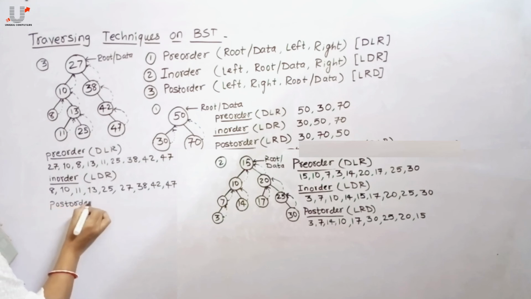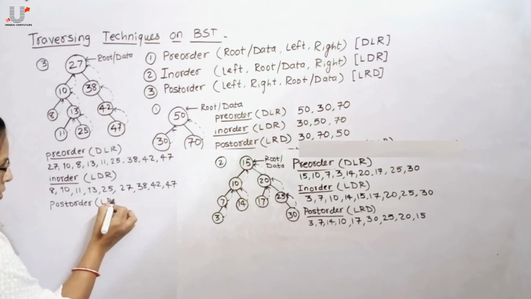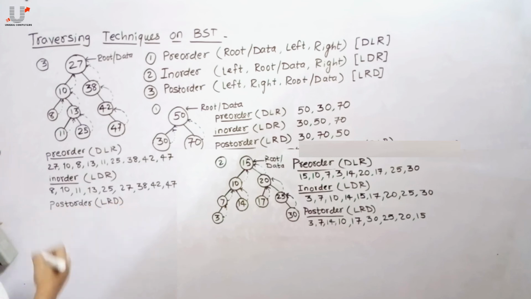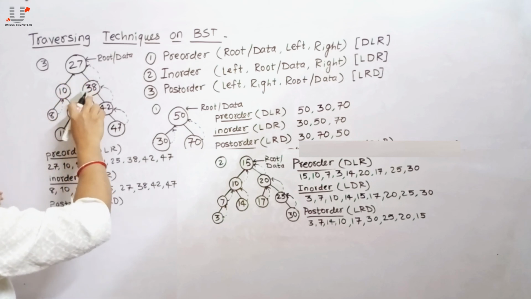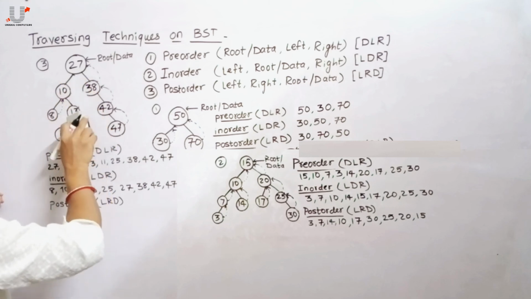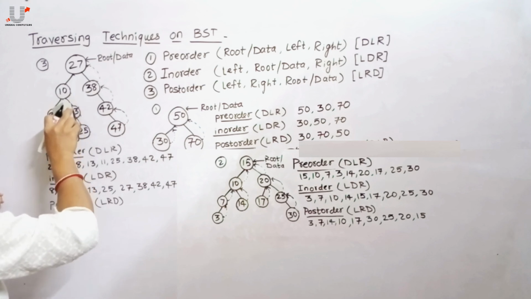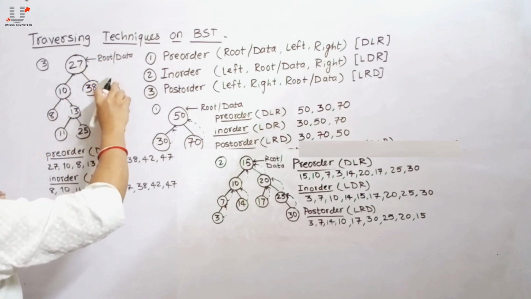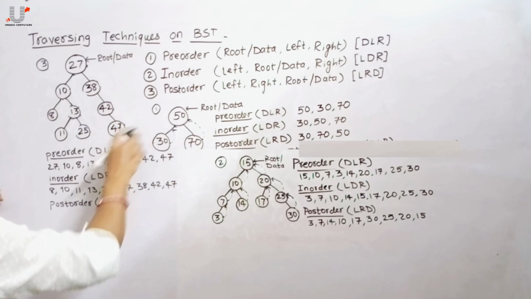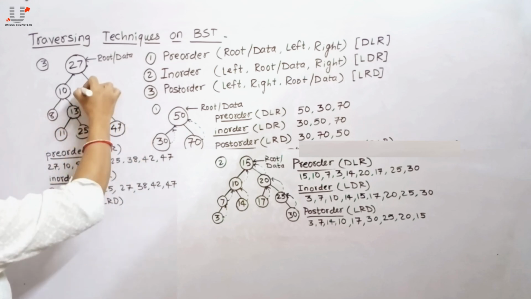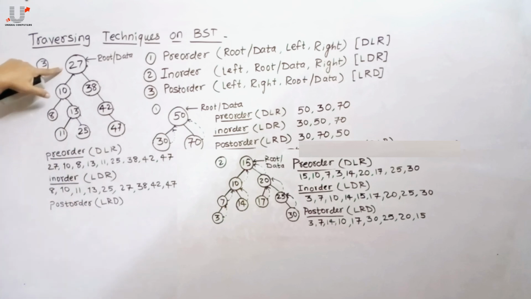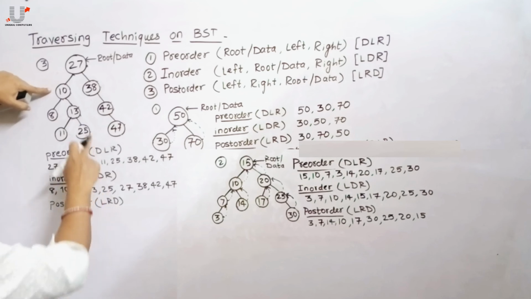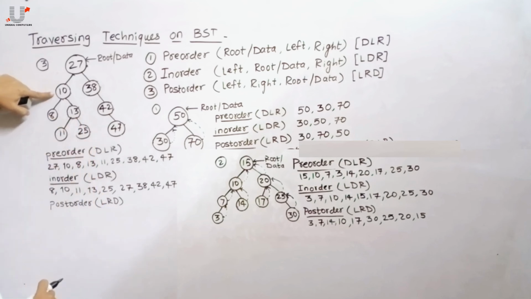Post order means L, R, left, right, and then the data part gets processed. Then again apply LRD. In post order, traversal starts from the root node, then apply L. As an unprocessed left subtree is there, control will transfer to 10.